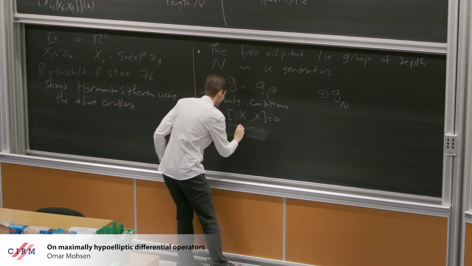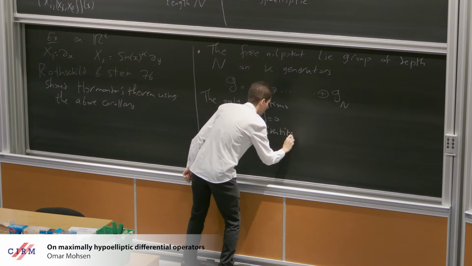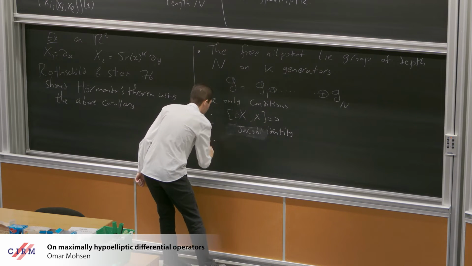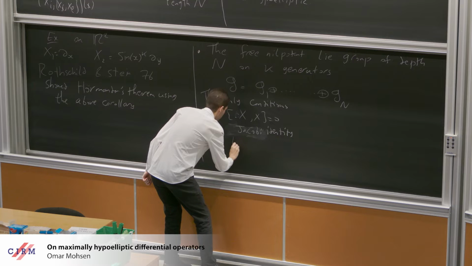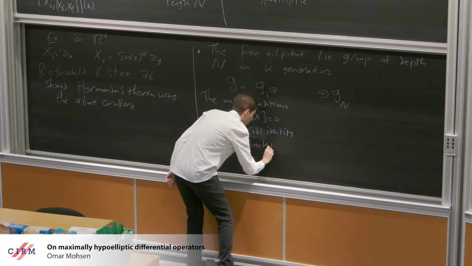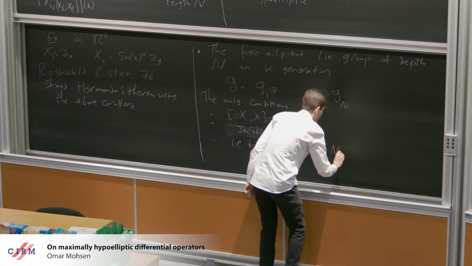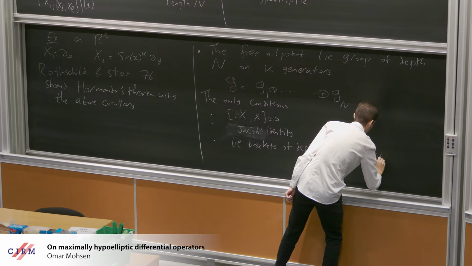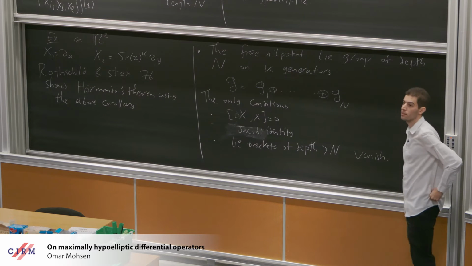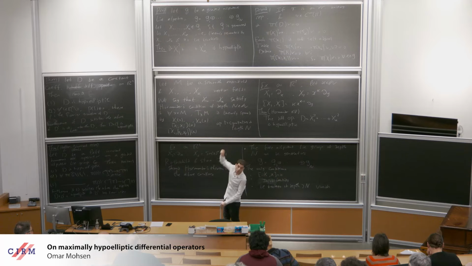Who knows what it is? And the third condition is that Lie brackets of depth bigger than n vanish. Yes, it is generated, so it satisfies the same condition as the one in the corollary.